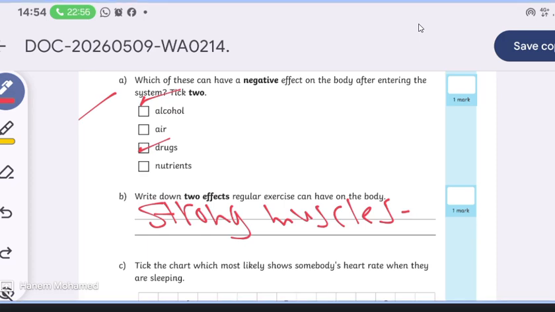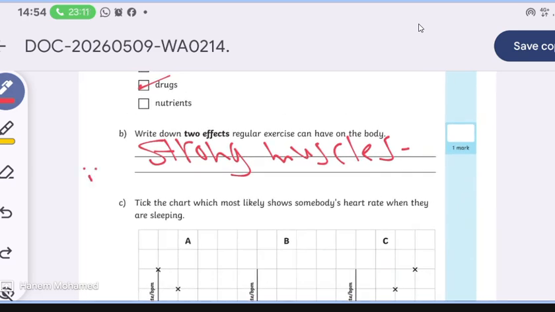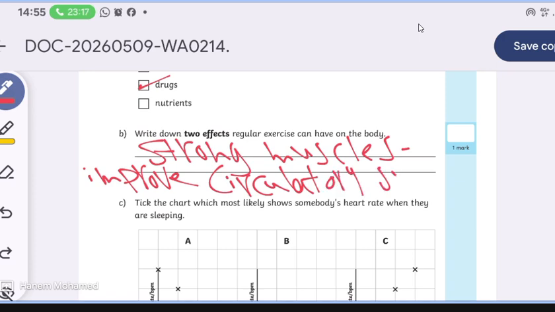Do you think when you exercise, you can breathe more so you can take more oxygen around your body, right? Okay, so you can have strong muscles when you exercise. You can improve your circulatory system. You can have more oxygen.